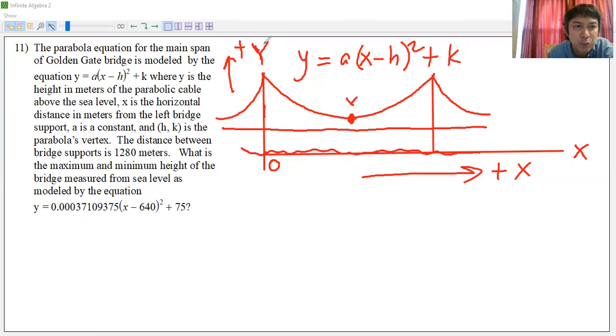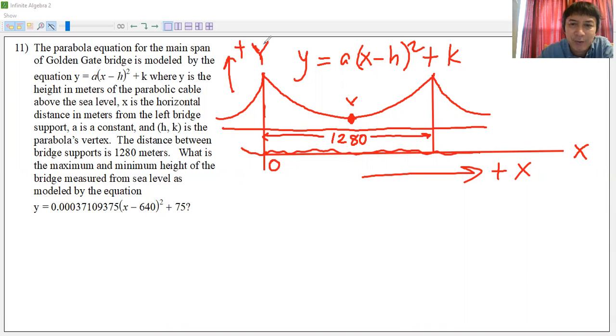The distance between bridge supports is 1,280 meters. So that is actually this length here. What is the maximum and minimum height of the bridge measured from sea level as modeled by the equation? We have the equation over here.